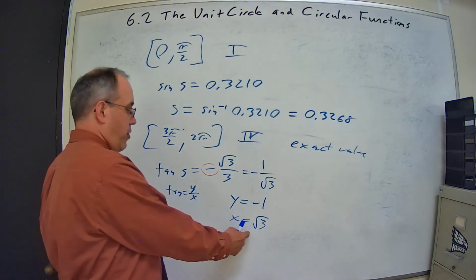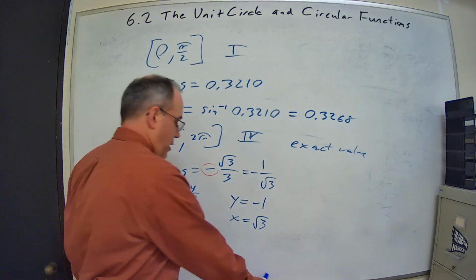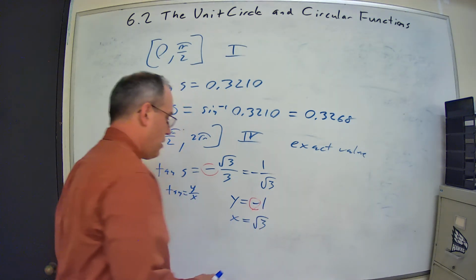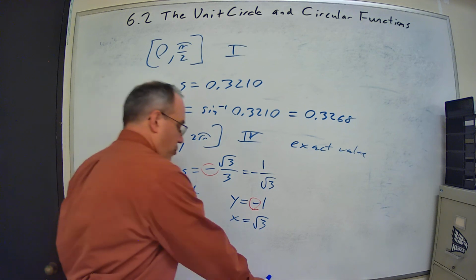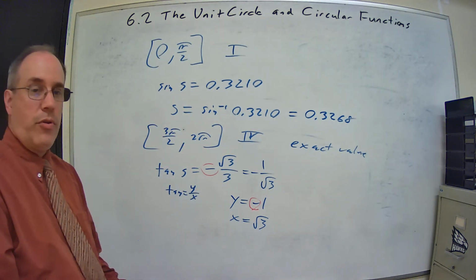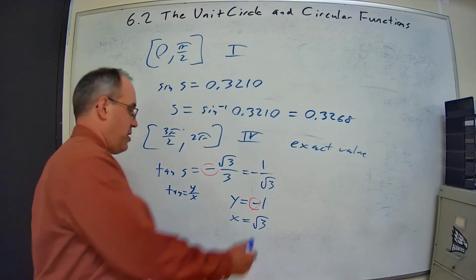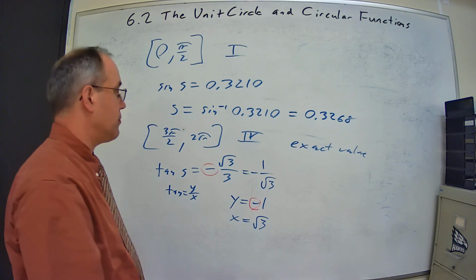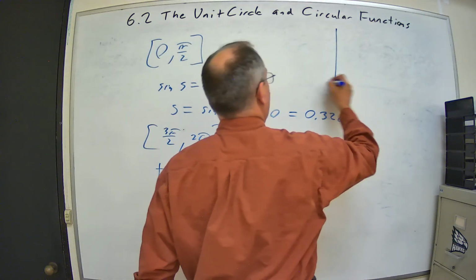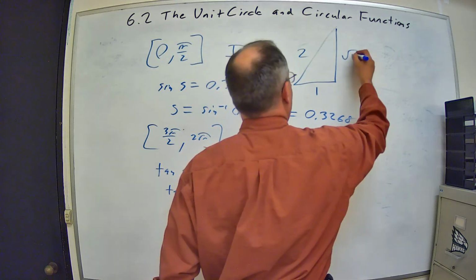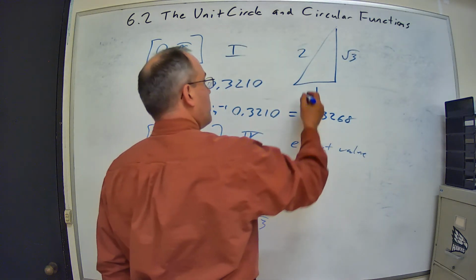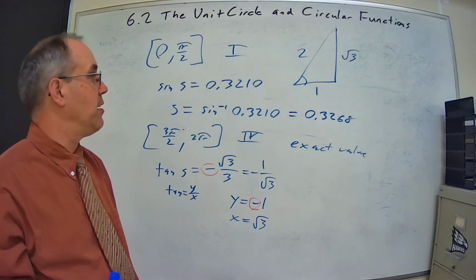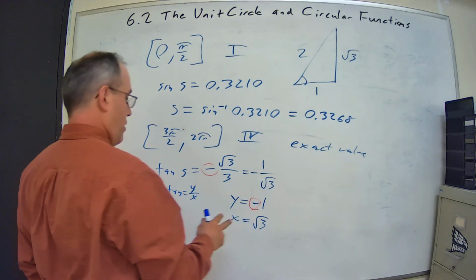Well, where do we have square root of 3 and negative 1? Again, if I ignore that negative, what angle gives us square root of 3 and 1? If I look at my triangle 1, 2, square root of 3, that would be 60 degrees, right?